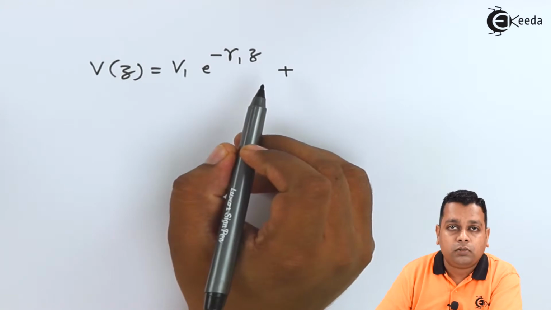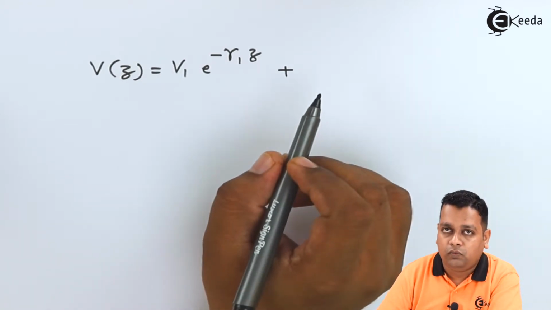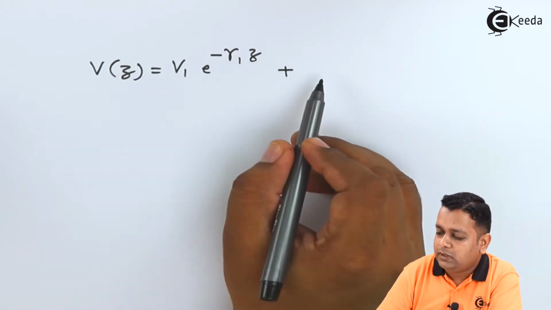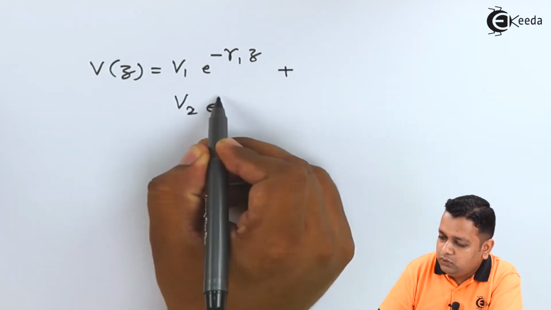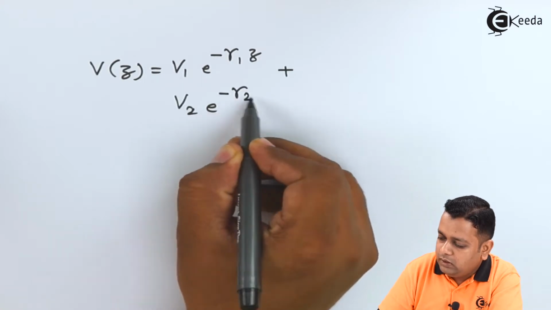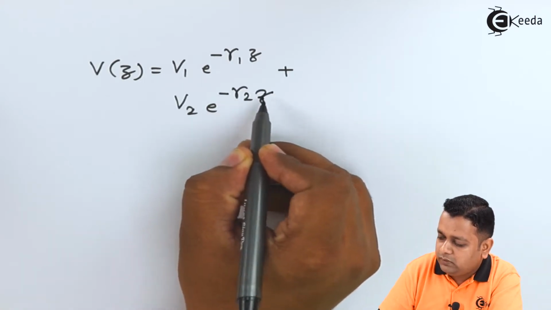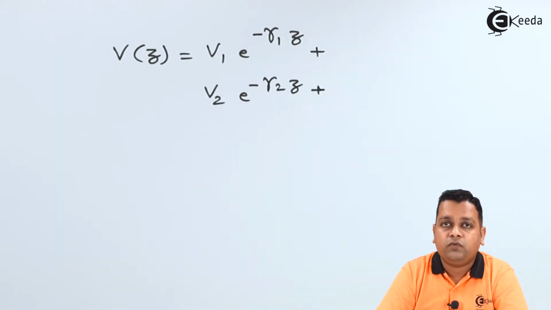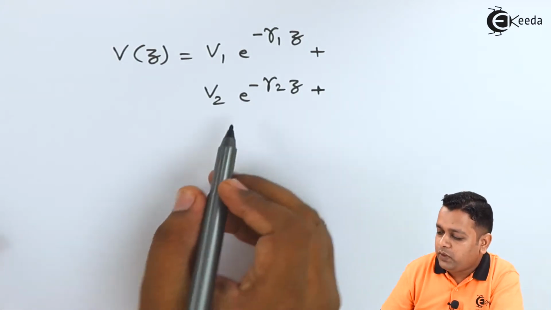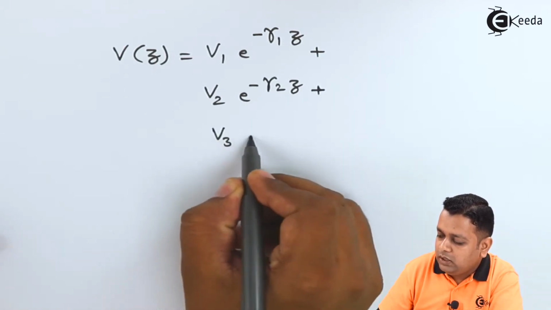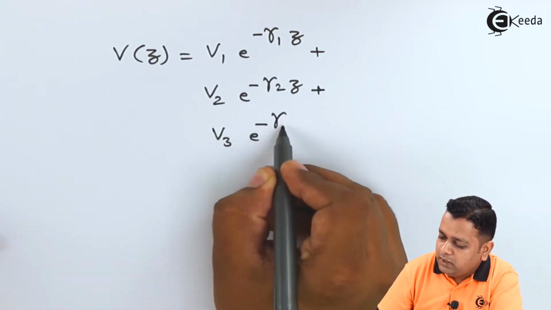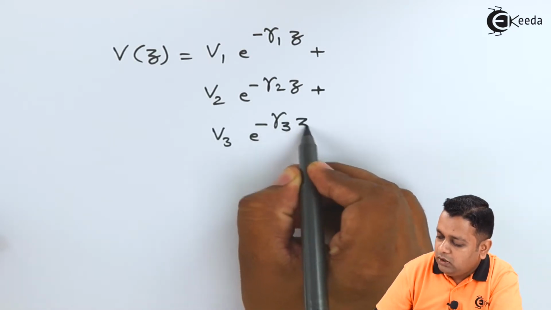Then the contribution of the second wave is V2 into e to the power minus gamma 2 into Z. The third wave, of course a forward wave, contributes the third term, V3 into e to the power minus gamma 3 into Z.